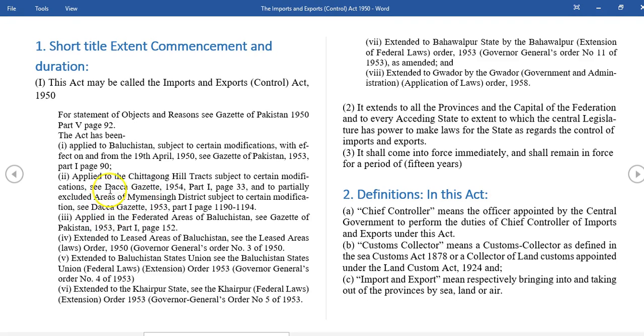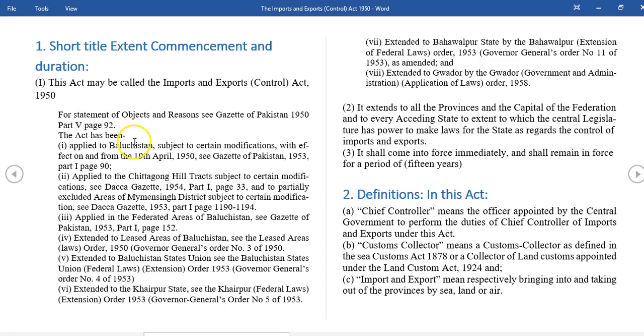In this section it has been made clear where this act will be applied and where it will be exempted. That means in which areas of Pakistan this act will not apply, or will remain as an exception.